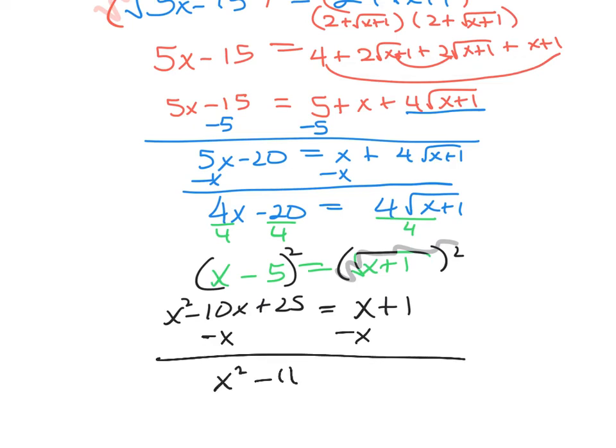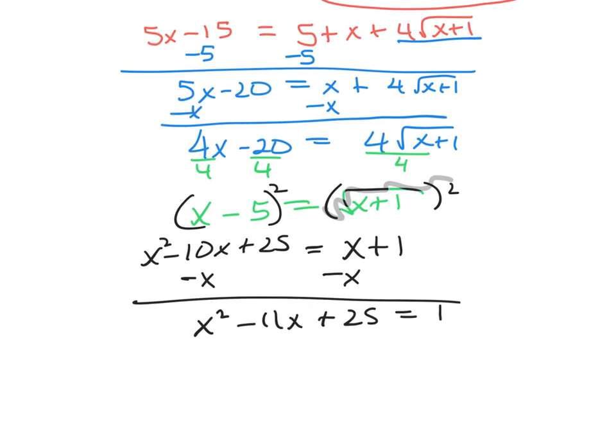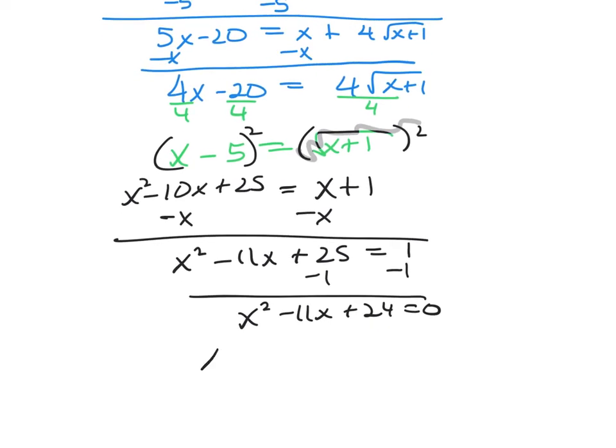X squared minus 11x plus 25 equals 1. I'll move the 1. X squared minus 11x plus 24 equals 0. I'm going to factor this. X minus 3, x minus 8.